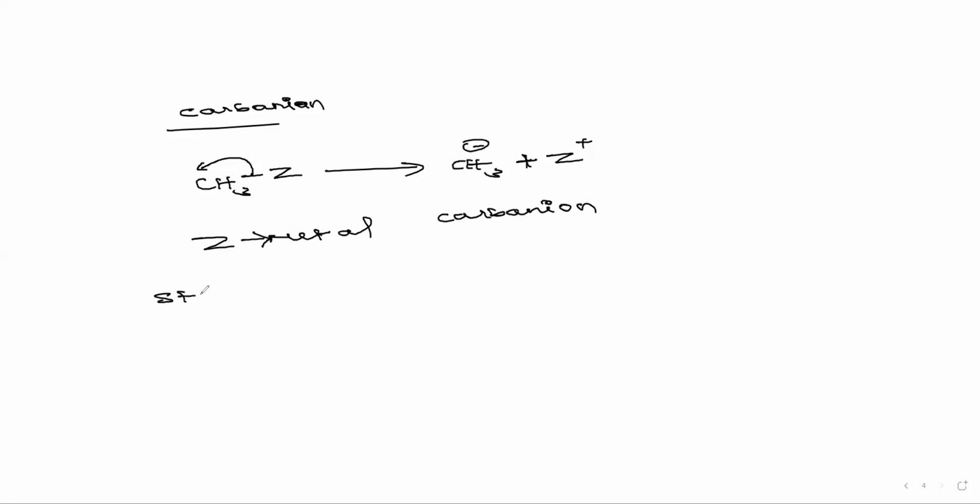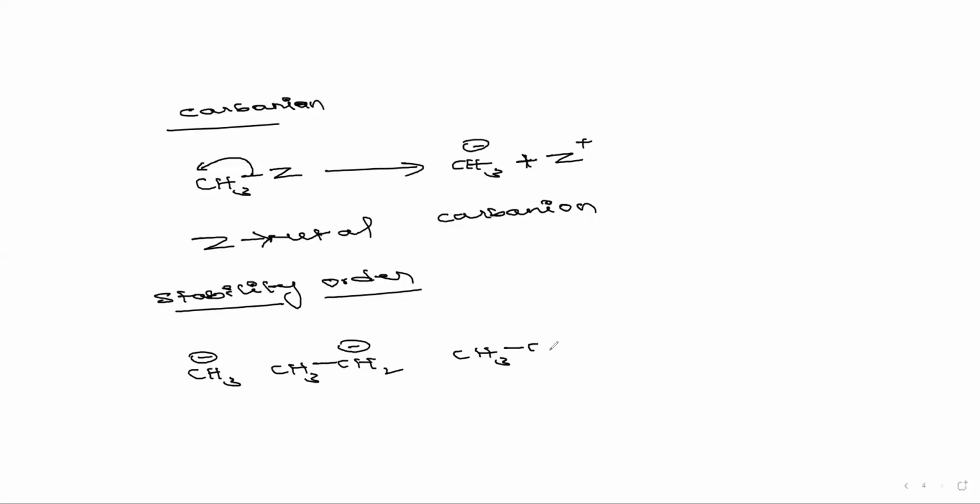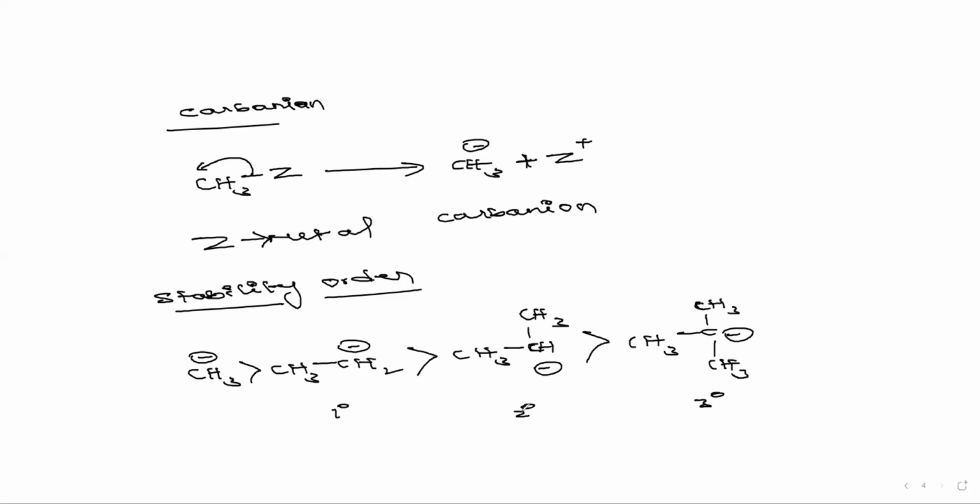So what is the stability order? In this stability order, CH3 minus, methyl anion, is more stable than primary, next secondary and tertiary.